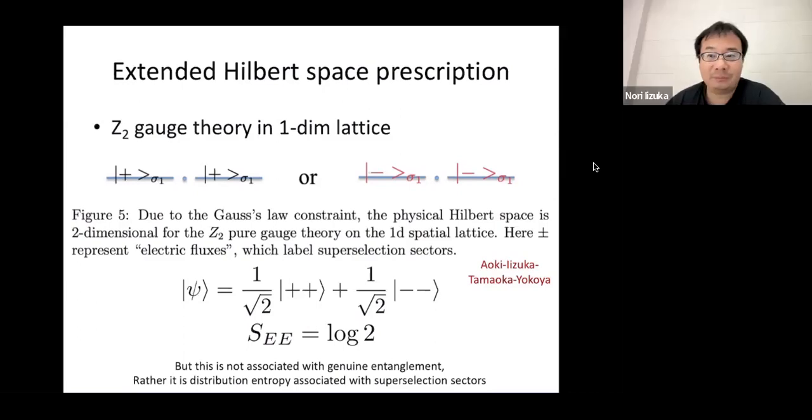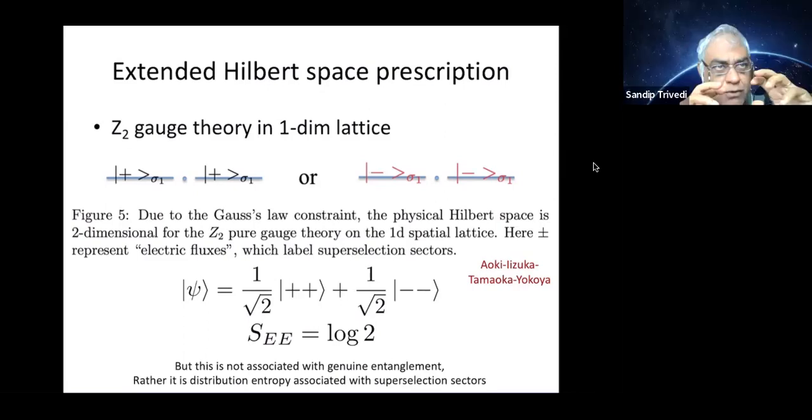I think so. And then in cases like Chern-Simons theory, or if you take an even simpler example related to what Nori is showing here, which is a Z2 gauge theory in 2 dimensions, which is the famous toric code, which has no low-lying excitation. So it's a topological theory, basically.